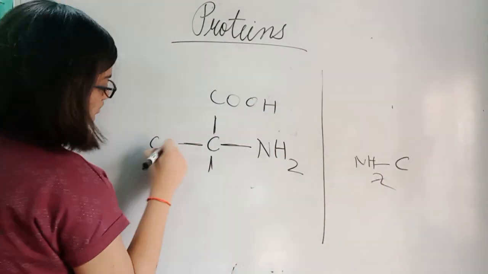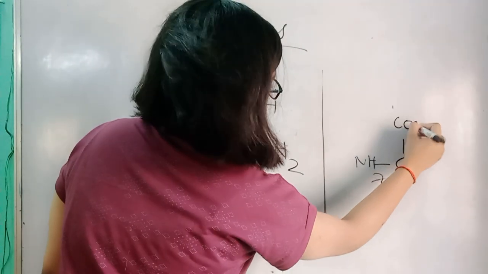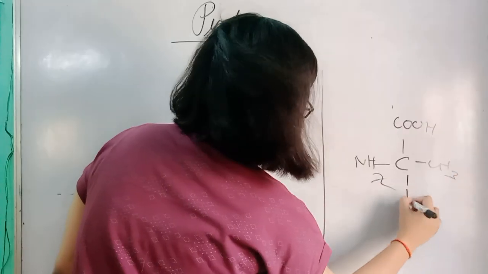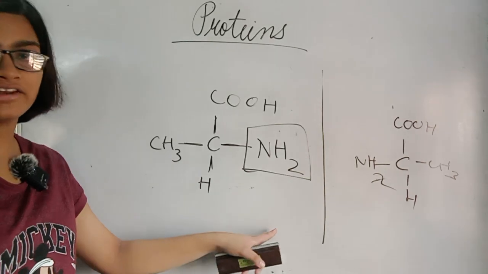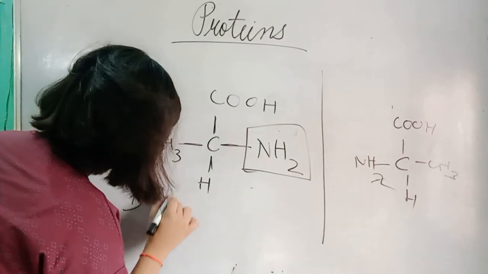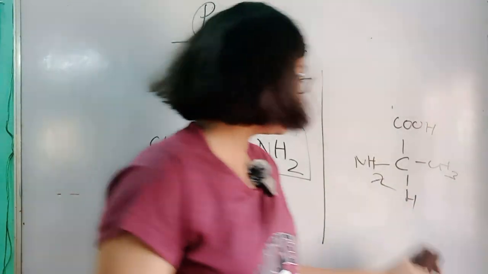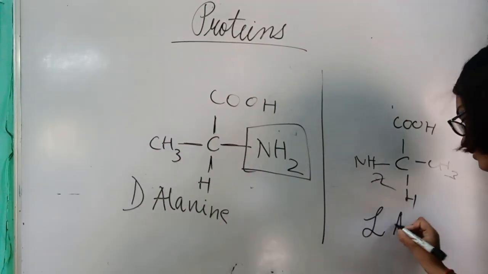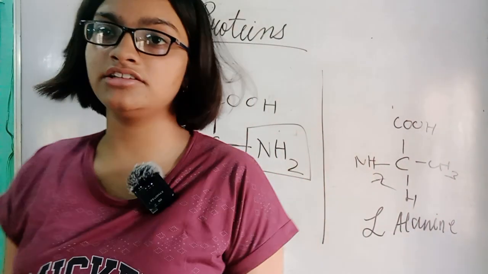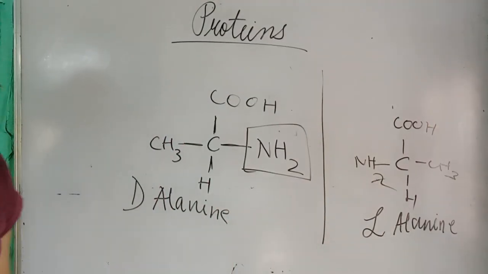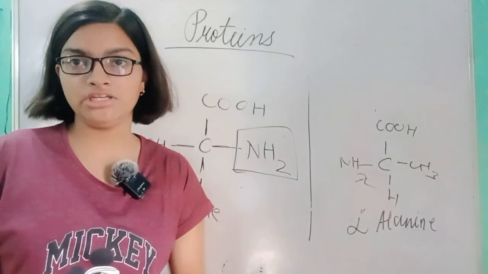If the amine in alanine is present on the right side, it is called D-alanine. And if the amine is present on the left side, then it is called L-alanine. So this was the DNL configuration of amino acids.